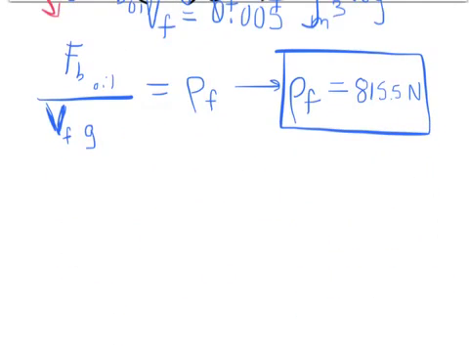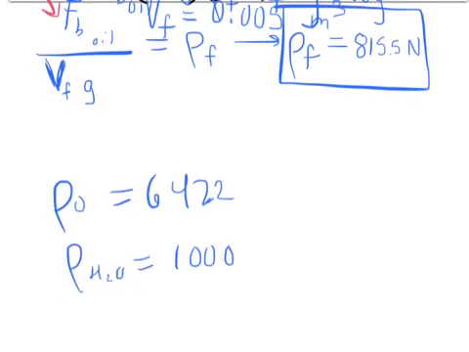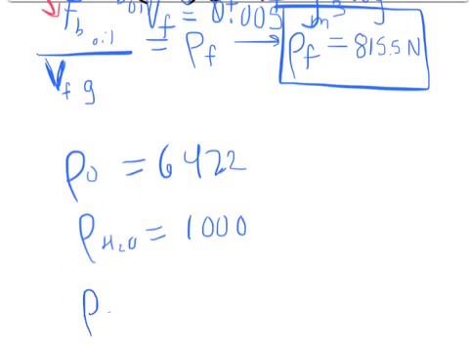The density of the object was 6422. Units are the same. Let's write it down. The density of water itself is 1,000. And the density of the oil was what? What did we get there at the end? 815 and a half. Which had the highest density?